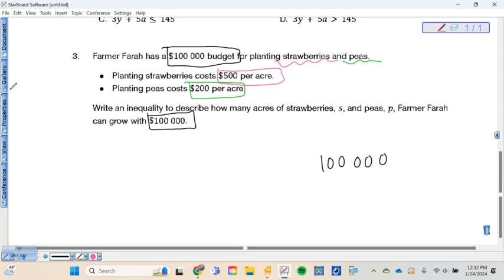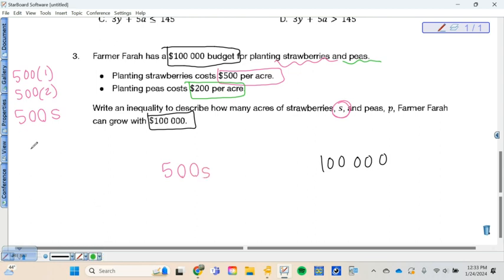How much does it cost for her to plant strawberries? 500, right? So again, if I'm planting 1 acre, I'd multiply by 1. If I'm planting 2 acres, I'd multiply by 2. If I'm going to plant S acres, what am I going to multiply by? S, right? So 500 S.